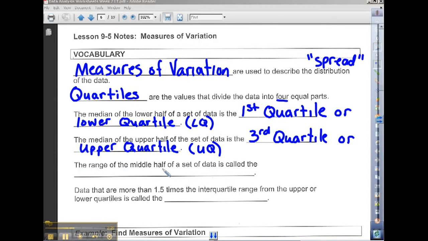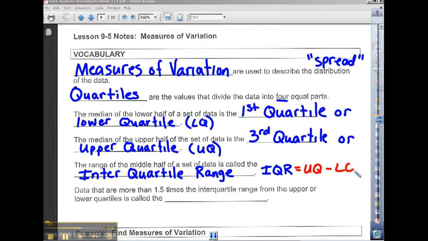The range of the middle half of the set of data is called the interquartile range. We're going to abbreviate that IQR. And I also want you to add this to your notes. To get your interquartile range, if they ask you for the interquartile range, that's going to be the number that you get for your upper quartile, subtract the number that you get for your lower quartile.